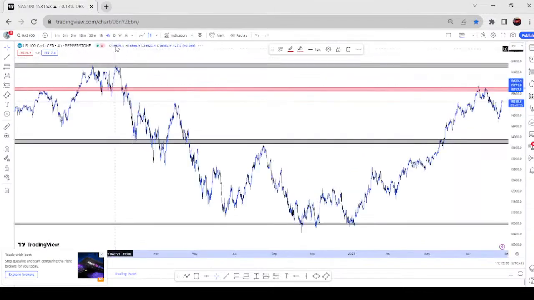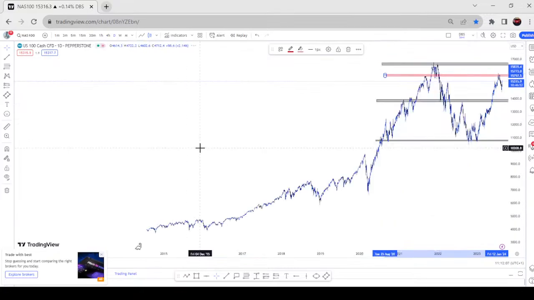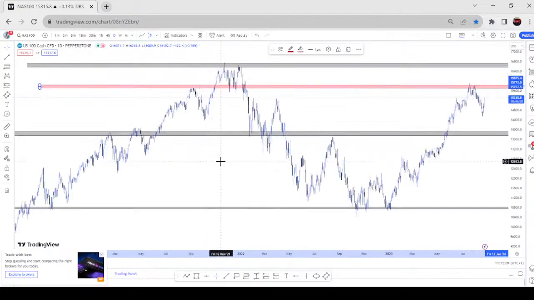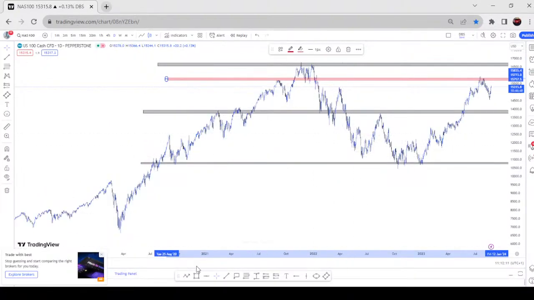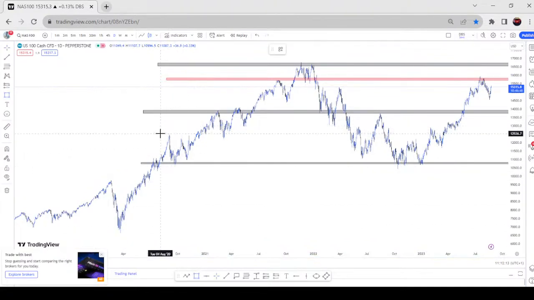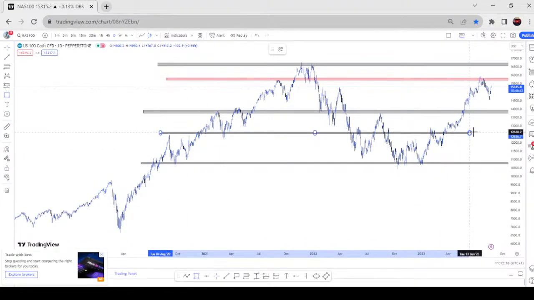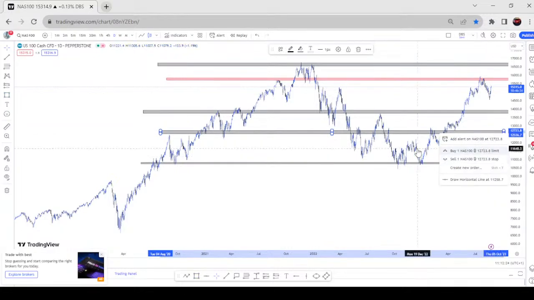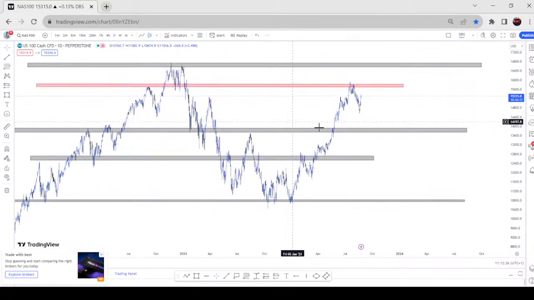4 hour time frame, daily time frame, sorry. Daily time frame and weekly time frame are meant for major levels. So you come here, another major level spotted right about here.